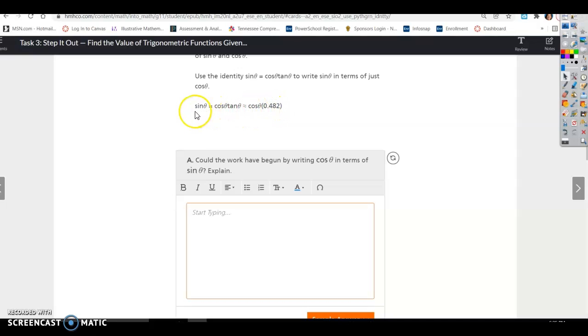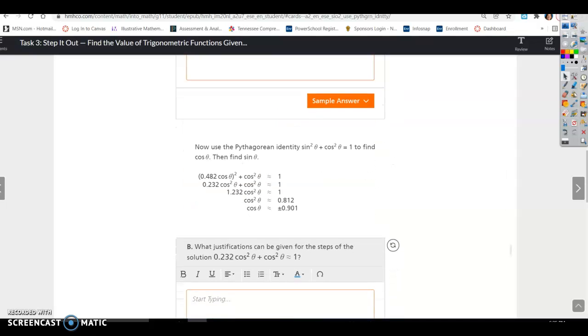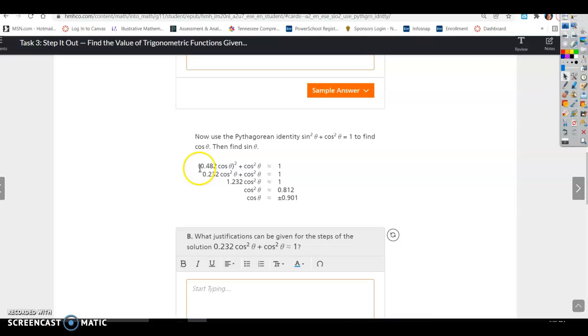So in place of sine squared theta, we're going to substitute what we just found. So the 0.482 cosine theta, so that now we only have one variable. Okay, so it's sine squared theta plus cosine squared theta, but we're going to substitute this in place of sine squared. All right, once we do that, we have a quantity squared.